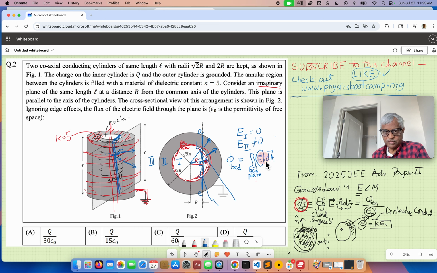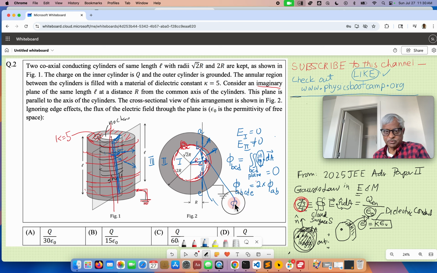Because the E1 is 0, this is going to be 0. So we only need to figure out the flux through AB and DE. But by symmetry, the flux through this must be equal to that. So the flux through A, B, C, D, E will be just 2 times the flux through AB.